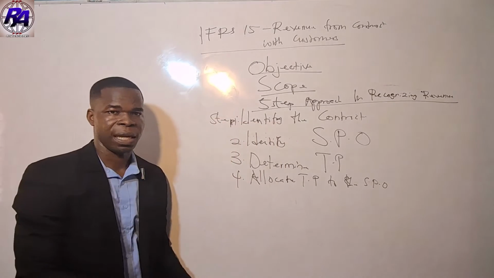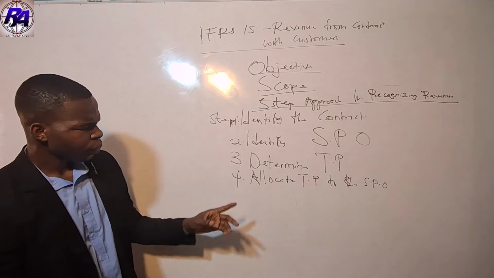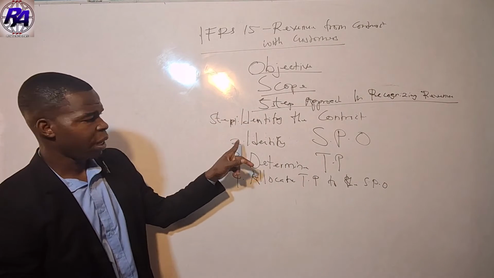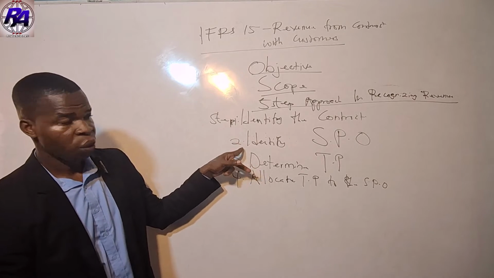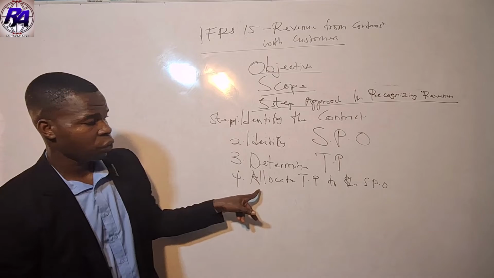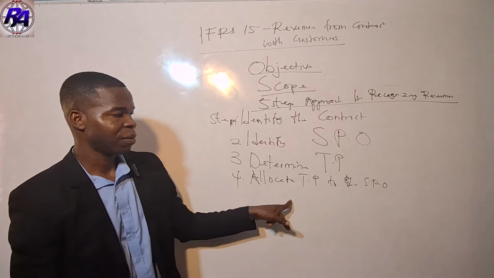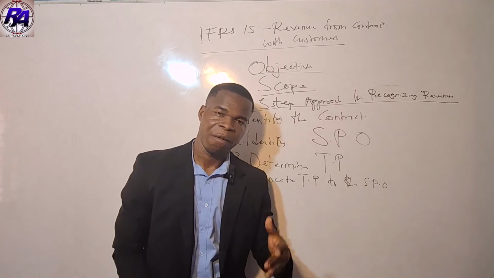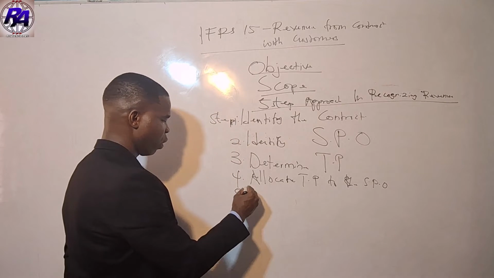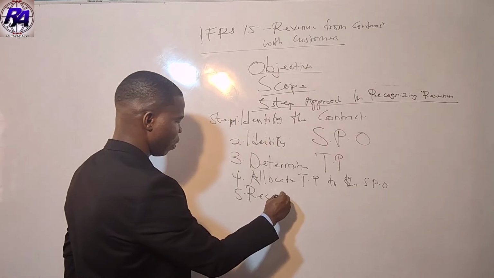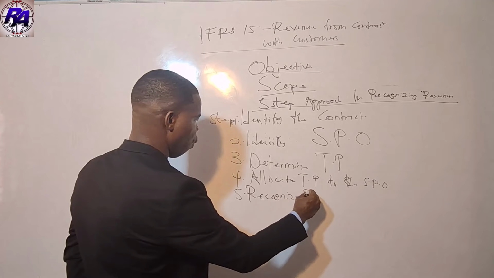And I always say that step 4 depends on step 2. Whatever is happening at step 2 will affect step 4, because we are going to allocate our transaction price to our separate performance obligation. And then step 5, you are going to recognize revenue. You recognize revenue when?